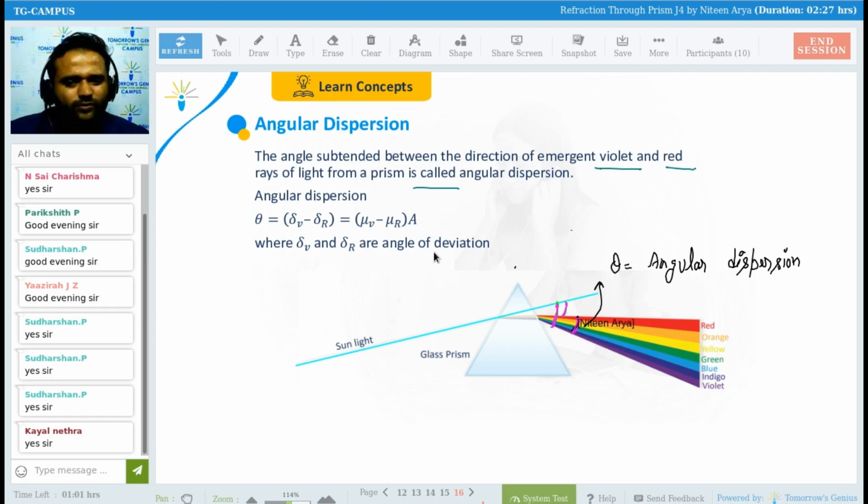So automatically it is very easy. Angle of deviation for violet minus angle of deviation for red. And we know that it is a small angle approximation because these angles are small. So you can directly use this relation. Is this clear, beta, everyone?